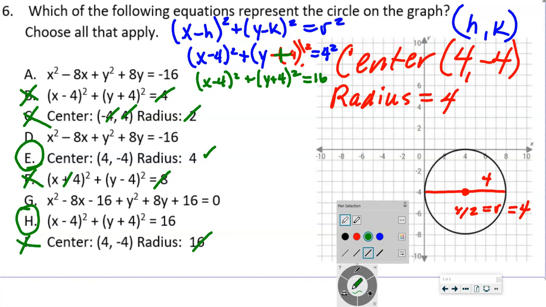So now, we have one more answer, and it looks like the A, D, and G are the expanded version of this equation. When we're using the expanded version, we're going to do this by doing the x minus 4 here in the box method, which would give us x squared minus 4x minus 4x and 16, right? So these two are like terms.